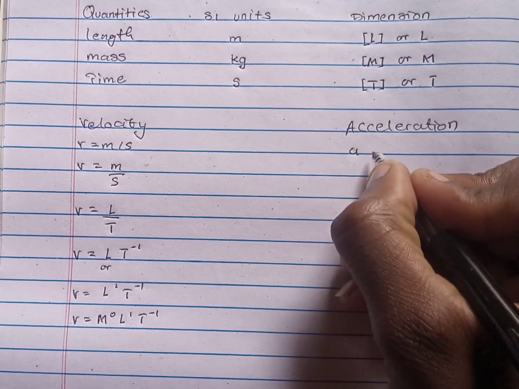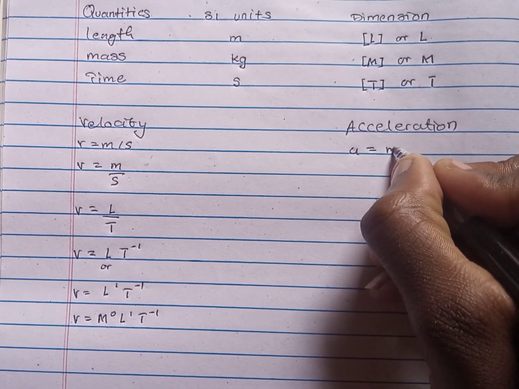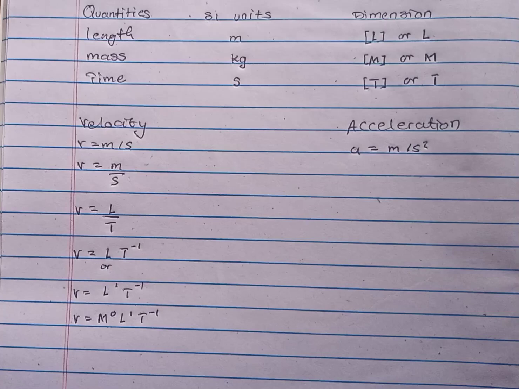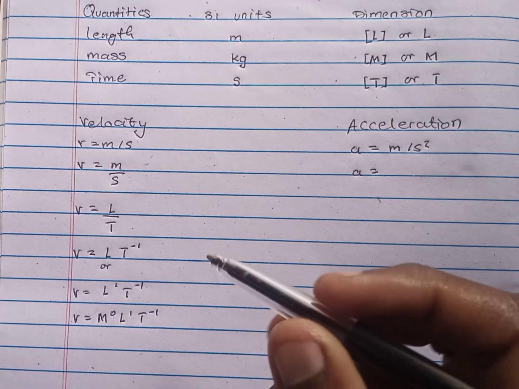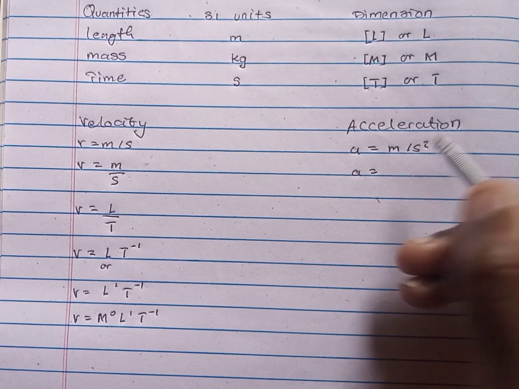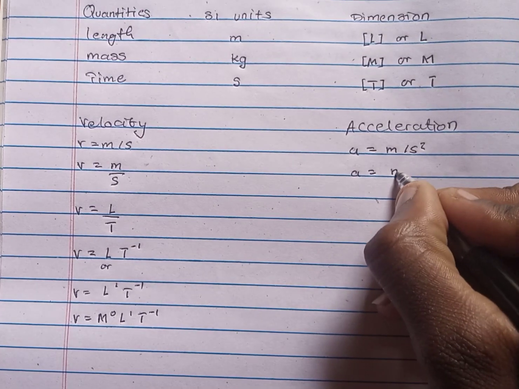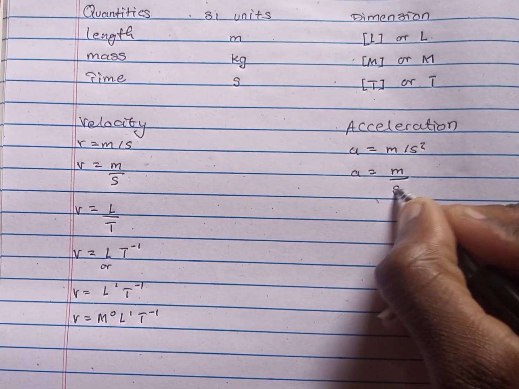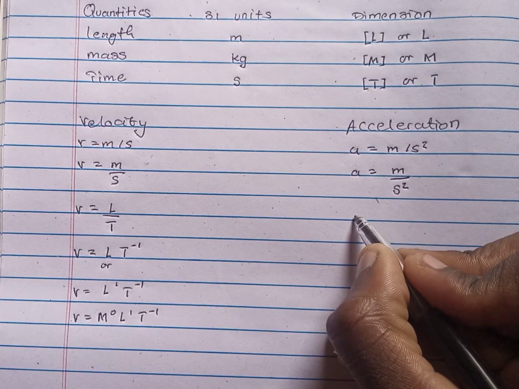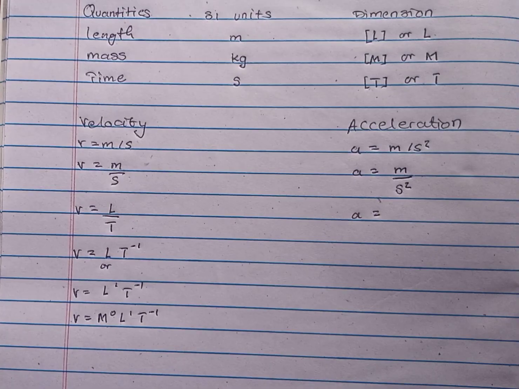Acceleration is measured in meter per second squared. So step number 1, we're going to rewrite this in form of a fraction. So we'll have meter over second squared. And then step number 2, we're going to write the dimensions instead of the SI unit.